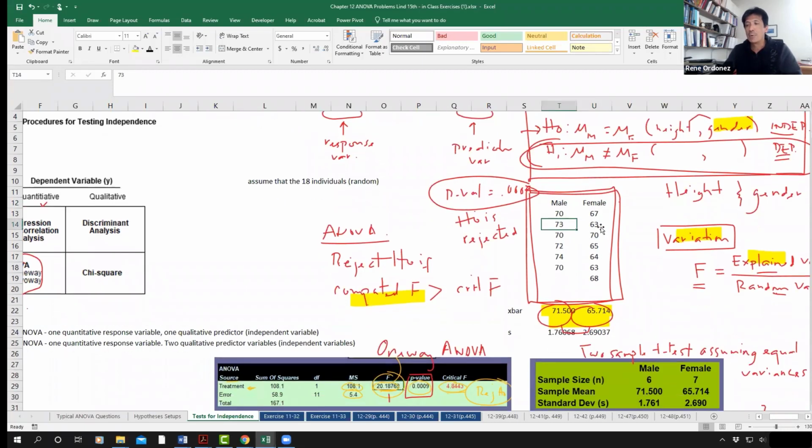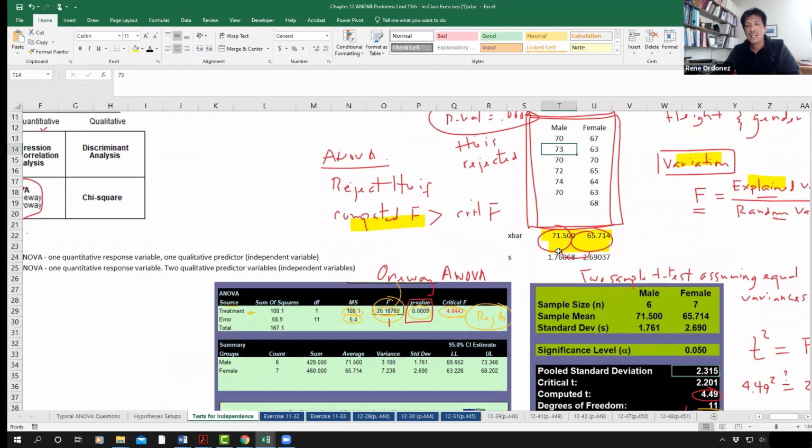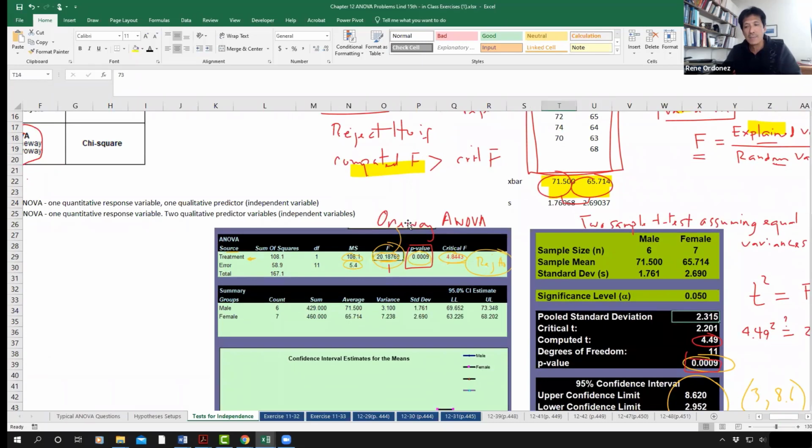So in this example, we talked about how a one-way ANOVA, especially if you are comparing means of 2 groups, is the same as conducting a 2-sample t-test, assuming equal variances, from the previous chapter that we discussed.